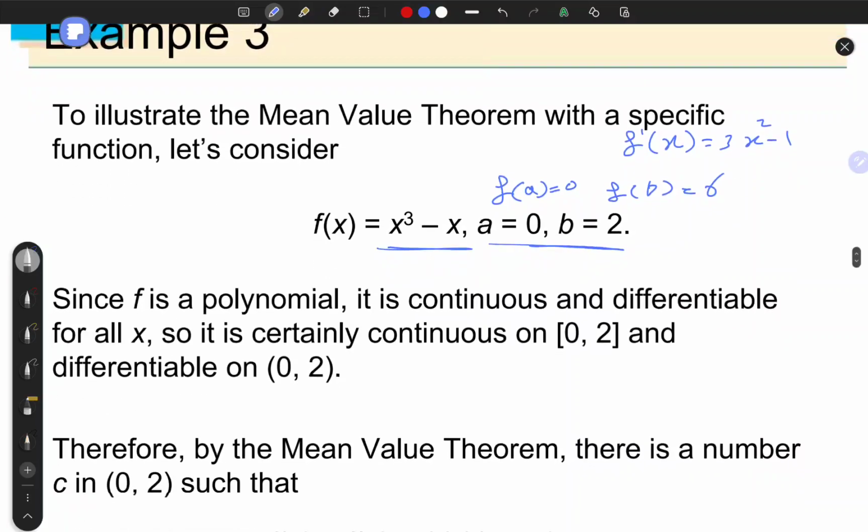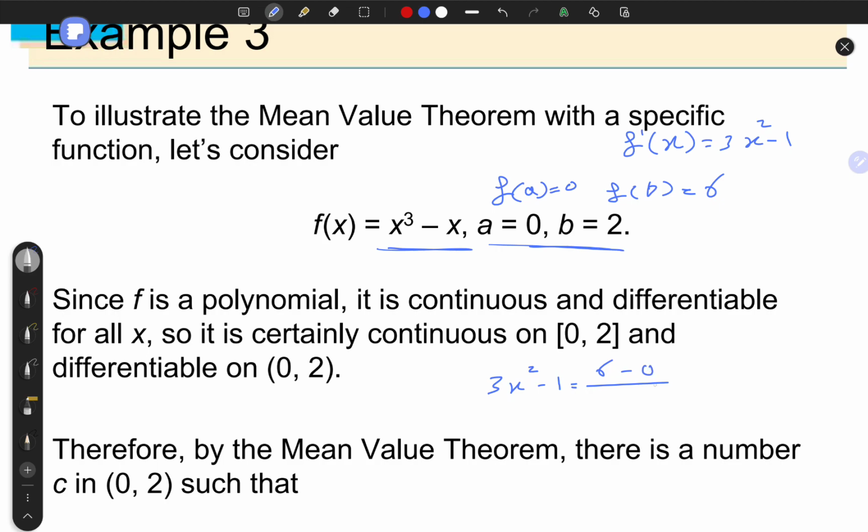Now we have these two values. We can just put them into the equation that we have. 3x squared minus 1 equals 6 minus 0 over 2 minus 0, which is going to give us 3.